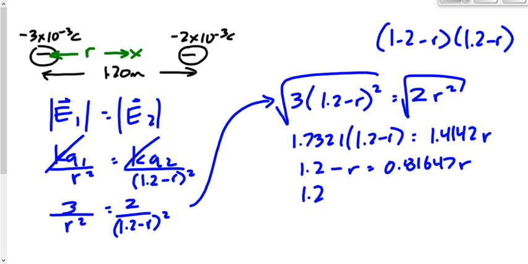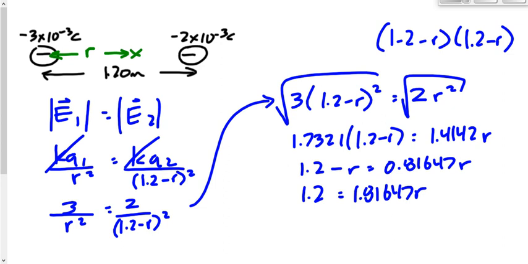0.816r plus 1r, because I take this over to the other side, equals 1.81647r. Does that make sense? I took 1r over by adding. 1r plus 0.81r is 1.81r.